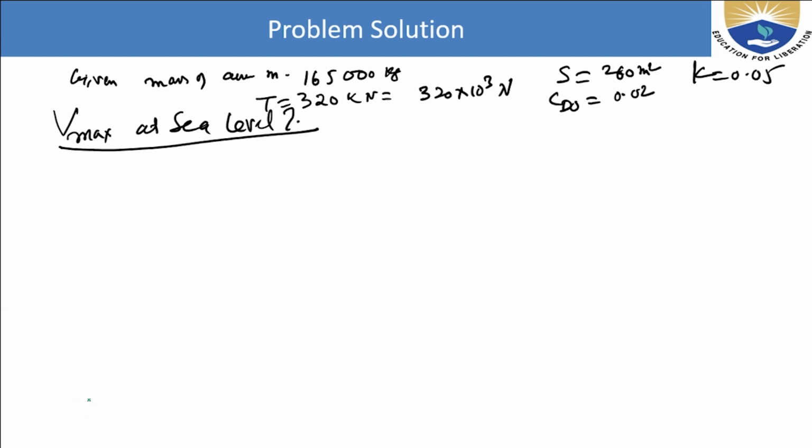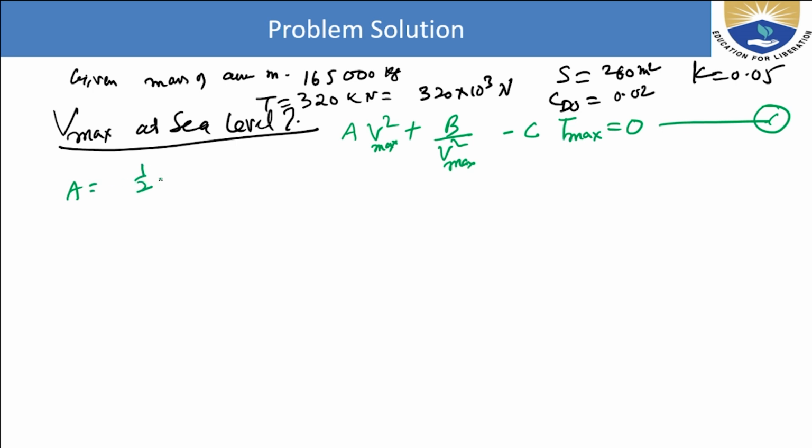We know the equation we have just found, A V square plus B by V square, that equation we have to use here. A V square plus B by V square, all at maximum, minus C T maximum is equal to 0. This equation we have already derived, where A is equal to half rho S CD naught.